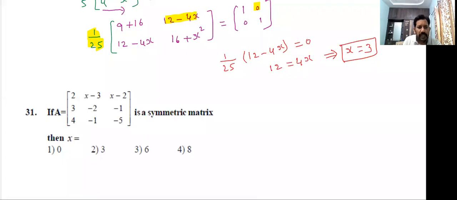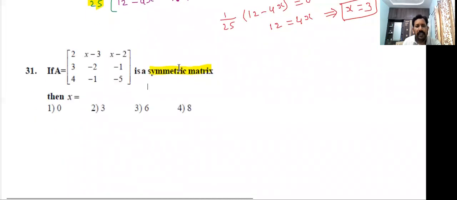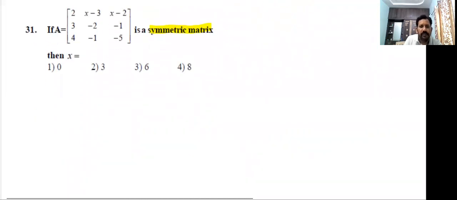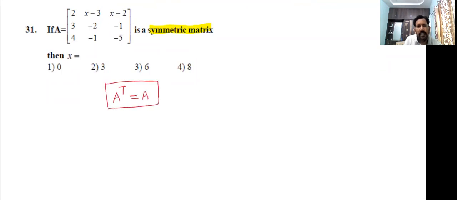Next question. What is the condition? A is a symmetric matrix. Symmetric means what is the condition? Tell me first. In a symmetric matrix, what is the condition? A transpose is equal to A. This is the condition. Now write the transpose of the matrix: 2, x minus 3, x minus 2; next 3, minus 2, minus 1; 4, minus 1, minus 1.